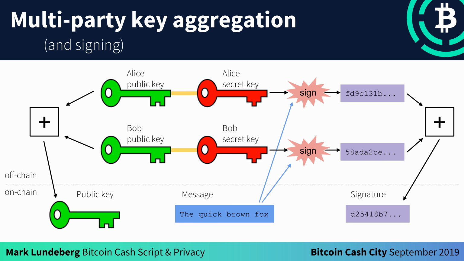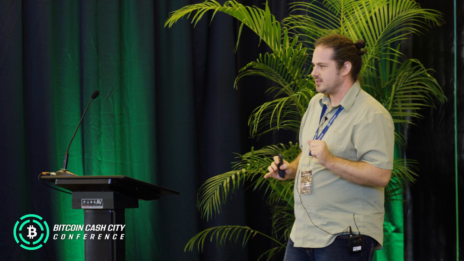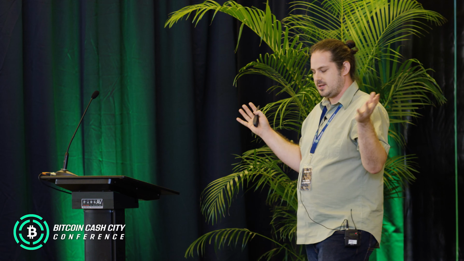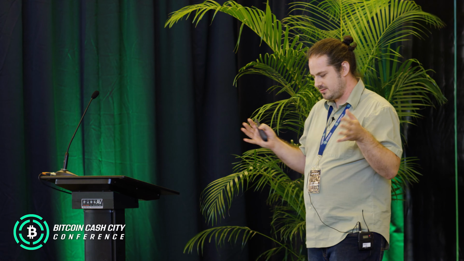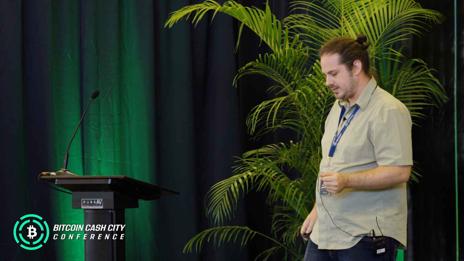You just add these two signature pieces, and you get a combined signature. That's a little bit complicated behind the scenes, but you can make a library for that; these exist. What's important is what appears on chain is a single public key, so you can have a pay-to-public key hash, a single signature, that's totally normal, it verifies the normal way. Nobody's any the wiser that behind the scenes there was all this crazy cryptography happening.